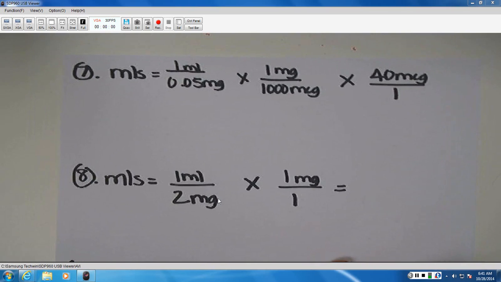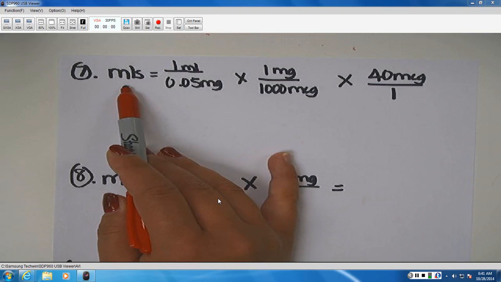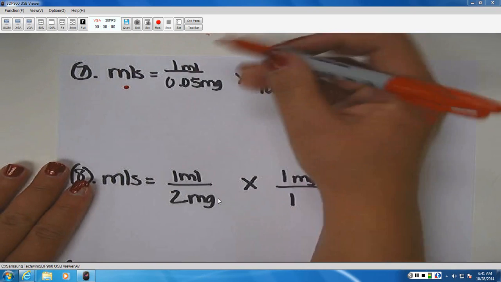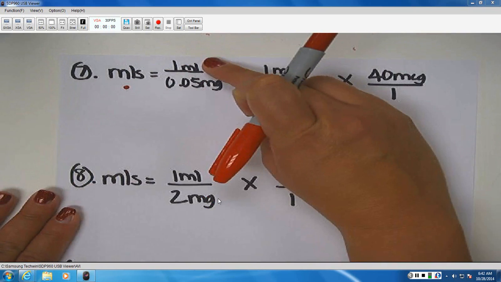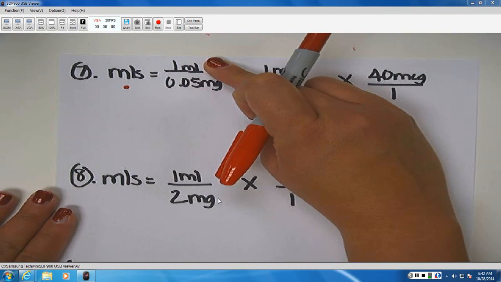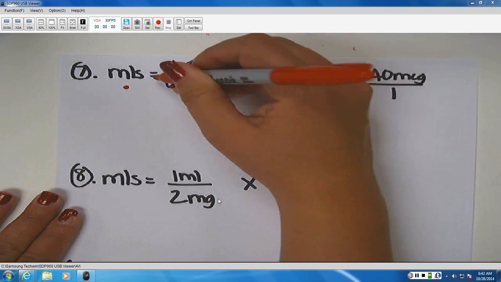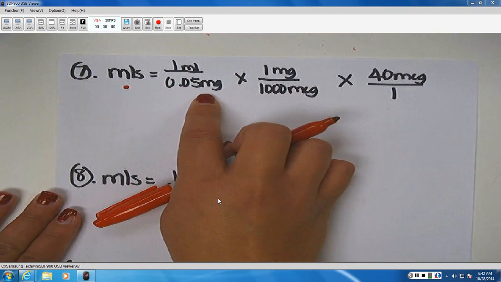So here's our equation. We are solving for mLs, and the dose that we have on hand is 0.05 milligrams per ml. So I'm setting up my equation. Since I'm solving for mLs, I want to make sure that my first numerator is the mLs of the dose that we have on hand. So I have 1 ml, and 1 ml equals 0.05 milligrams.